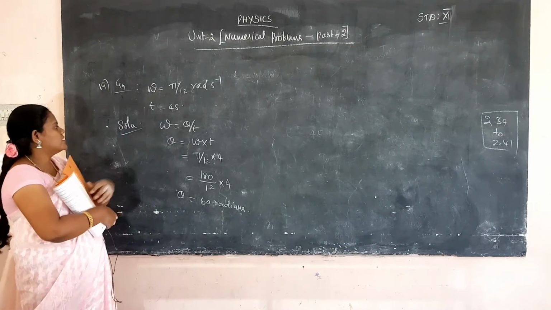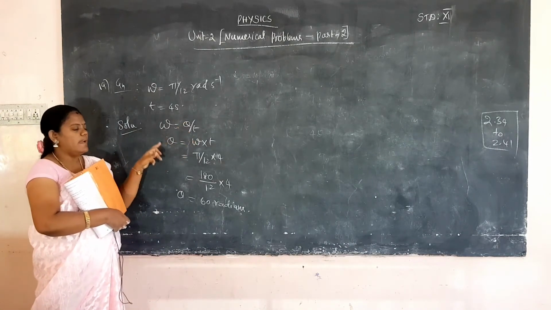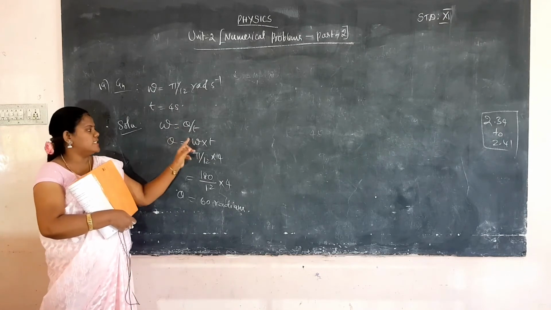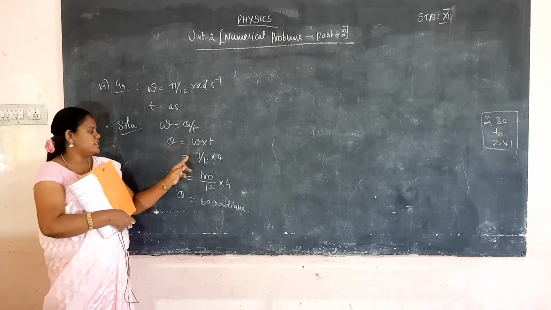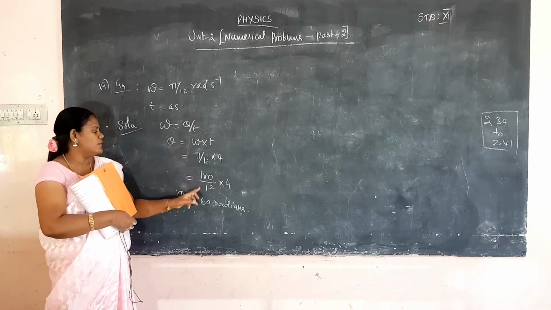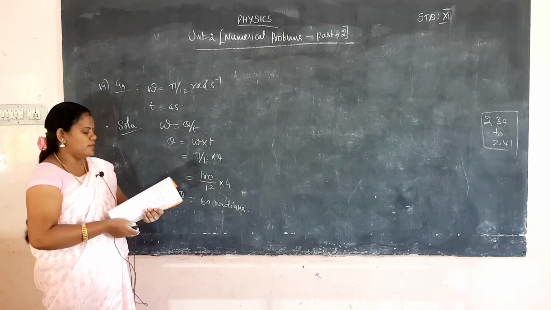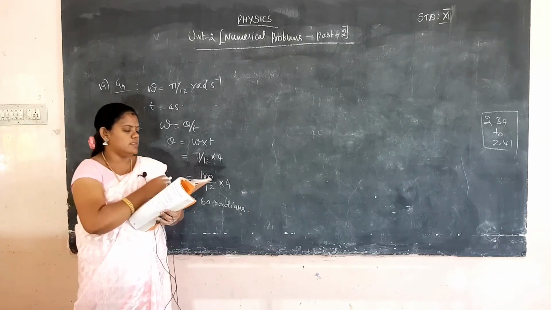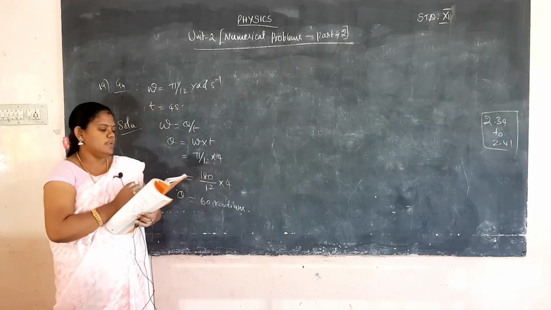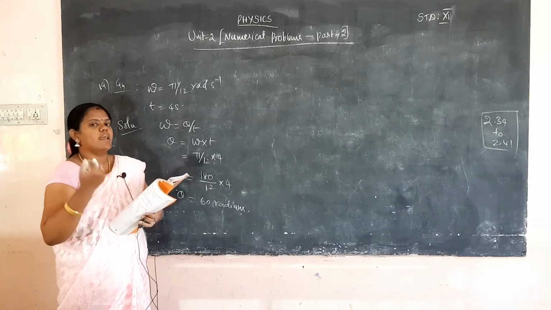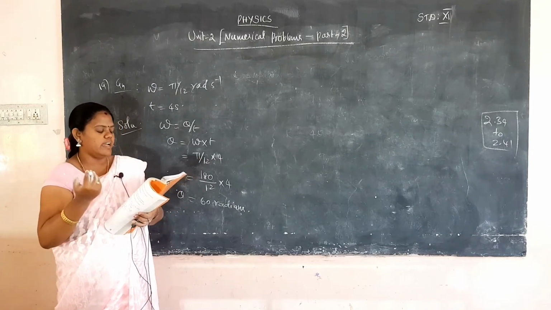Angular velocity is equal to angular displacement by time, so angular displacement is equal to angular velocity into time. Substitute the angular velocity value and the pi value, and easily find out the angular displacement is equal to 60 radians. In your book the answer will be wrong, so you have to mention the correct answer. Okay, so 60 radians. Using angular velocity, we have to find out the angular displacement at 4 seconds.